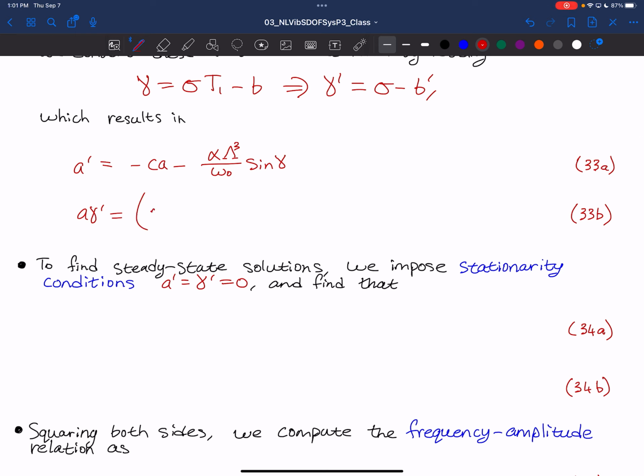And then down here we'll have the quantity sigma minus 3 alpha lambda squared over omega 0 times A, minus 3 alpha over 8 omega 0 times A cubed, minus alpha lambda cubed divided by omega 0 times the cosine of gamma.